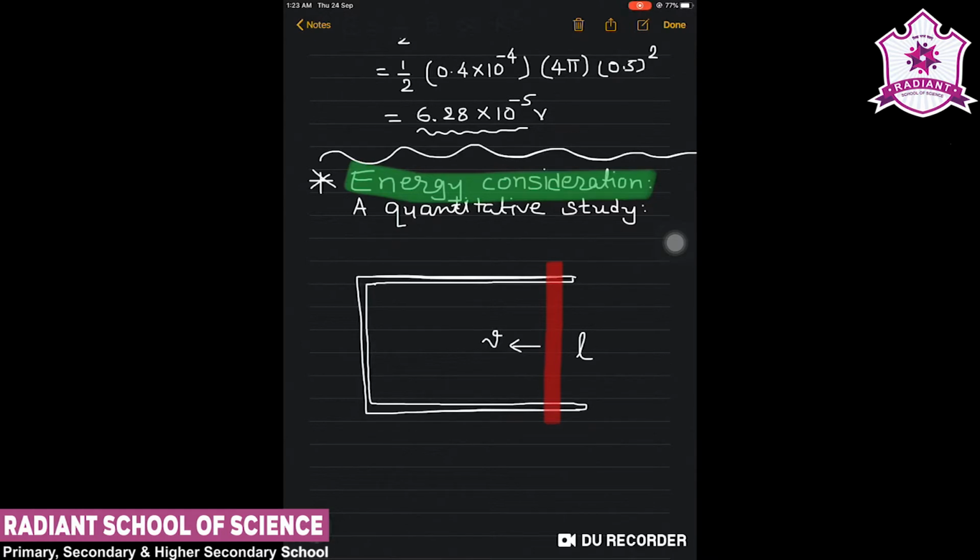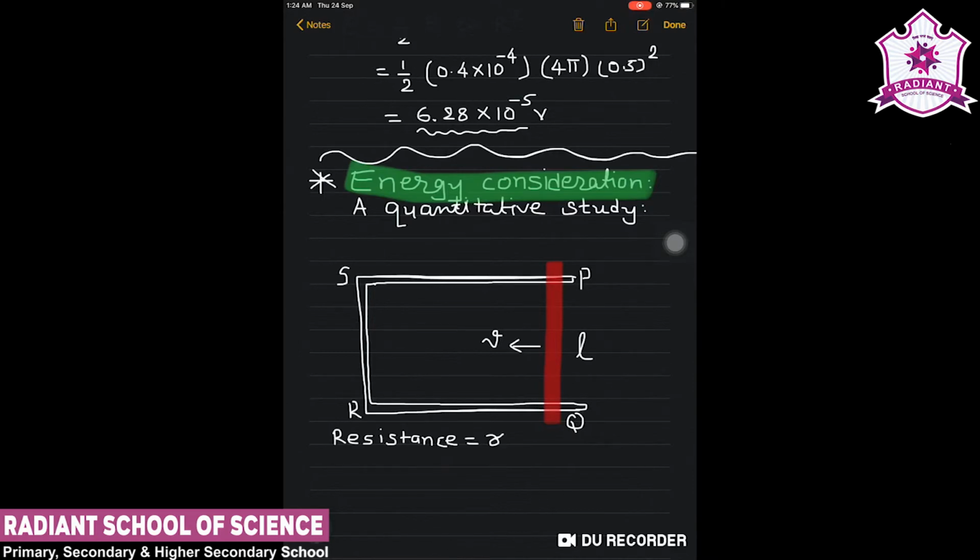Then we learned that suppose the resistance of the given arrangement is small r. Now here we will also consider the other part of the system. Suppose this is the PQ arm and this is the RS arm.